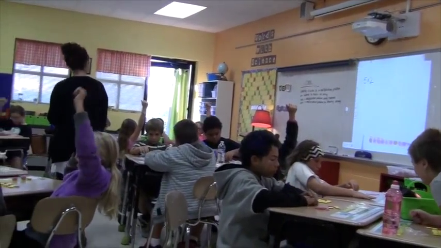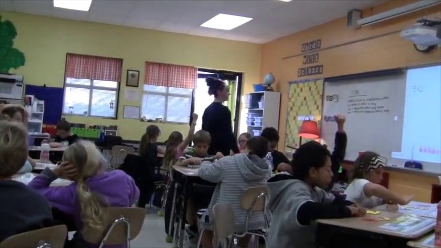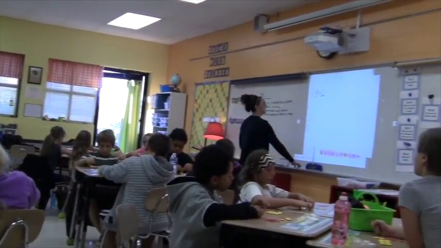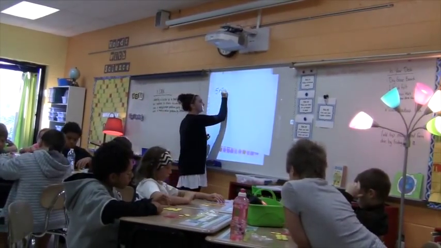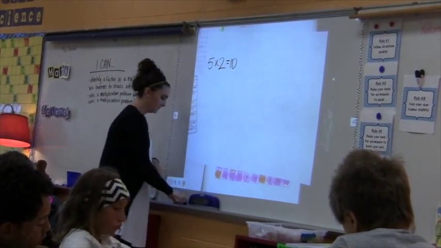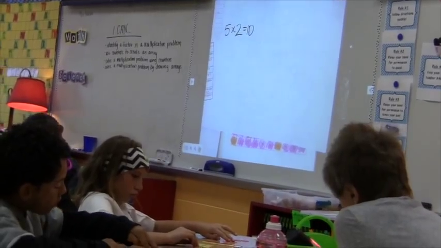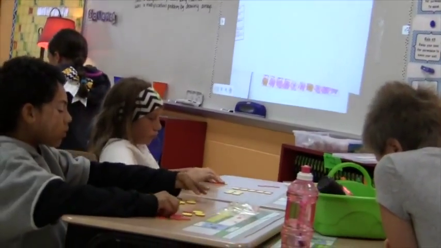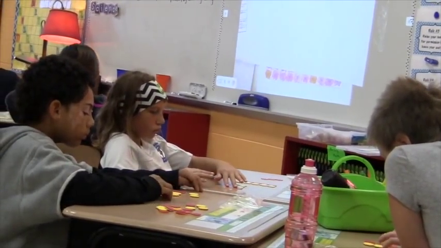Okay, so everybody tell me 5 times 2 is what? 10. So in your array, you should have a total of 10 counters. Ways that we could have done this might look a little different, but not really, they're the same thing.